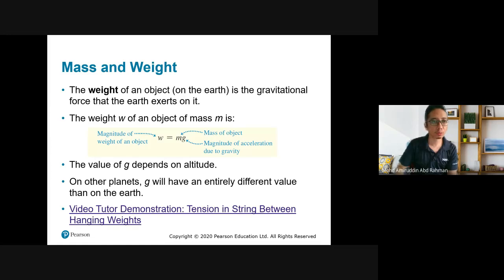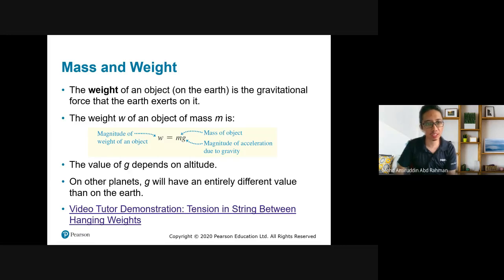So we have the concept of mass and weight. The weight of an object is the gravitational force that Earth exerts on it. The weight W of an object of mass m is given as W equals mg. So g is the gravitational acceleration.